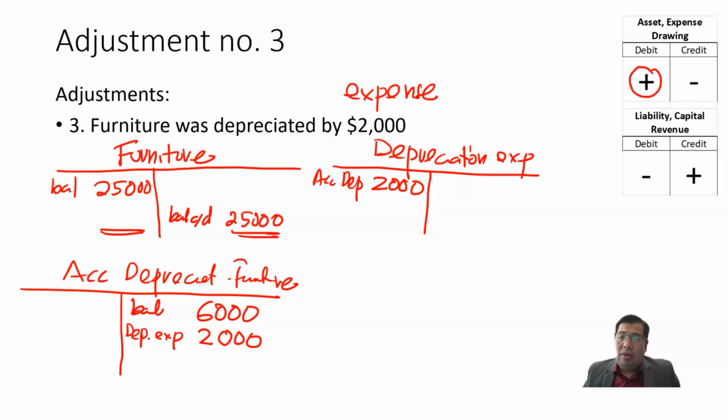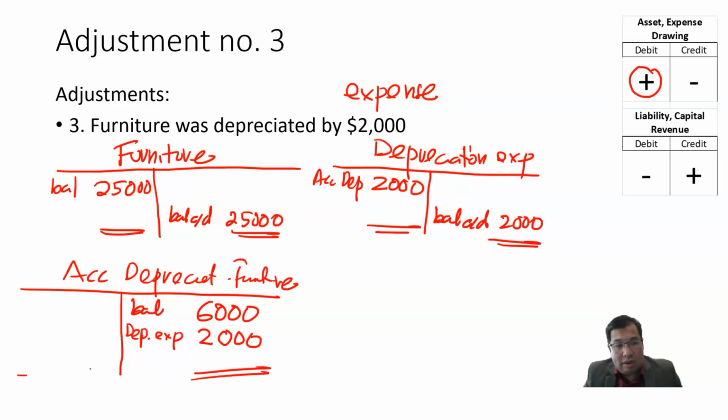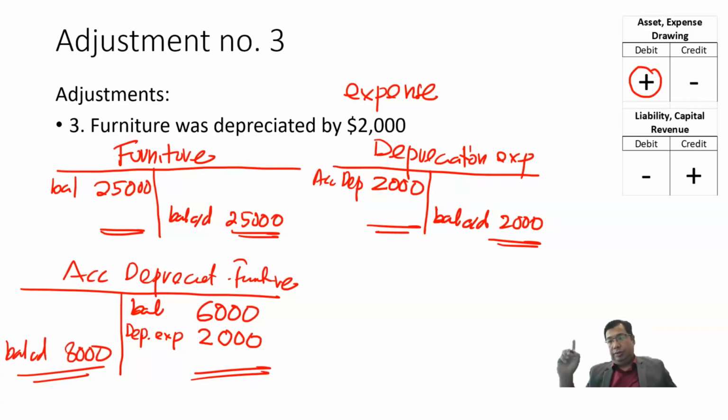What is the value of depreciation that you lost in this year? The balance of your depreciation expense for this year is 2,000. However, the accumulated depreciation, the loss in value, has now increased. It's not 6,000. Now it increased to 8,000. So that's why our balance c/d is 8,000.